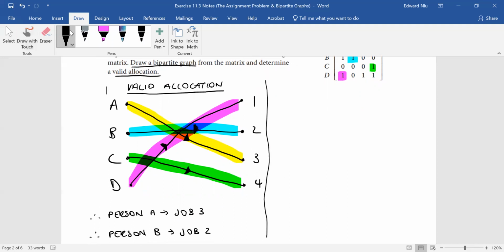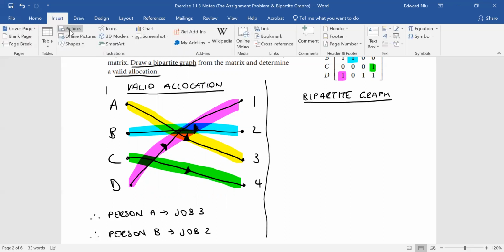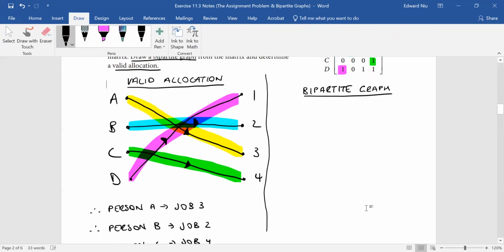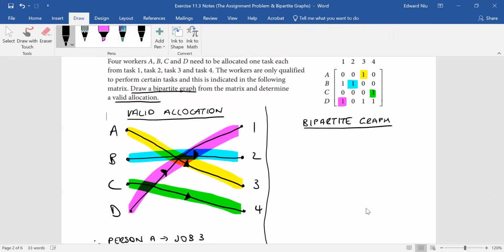Okay, that'll do. For the full bipartite graph, which we should have probably done first, but it doesn't matter. We just need to make sure we connect every person's capability to every job that they can do. All right, for example, if we have A, B, C, and D, jobs 1, 2, 3, and 4.